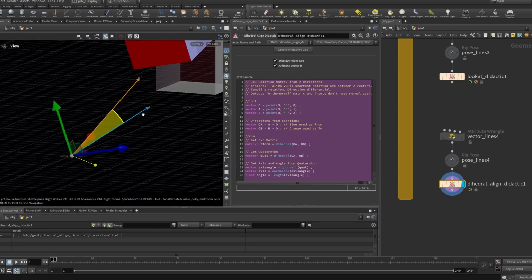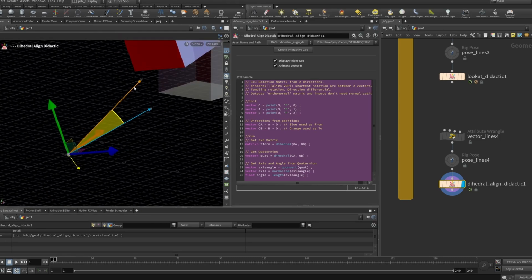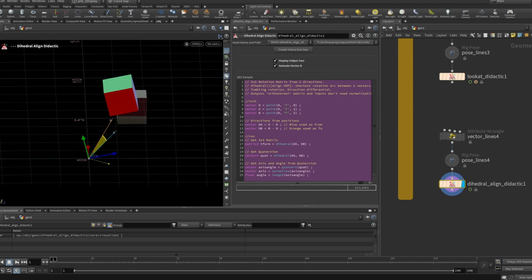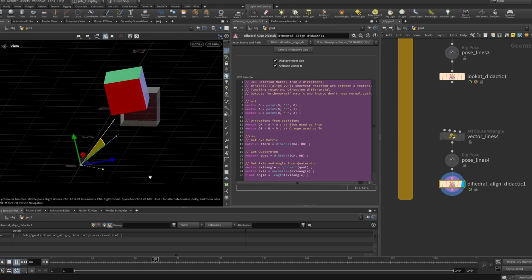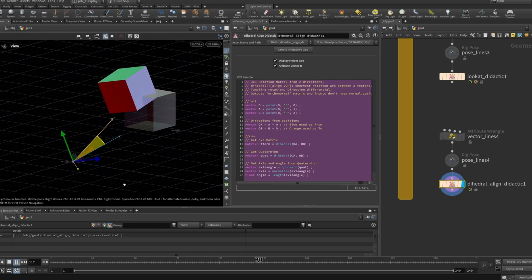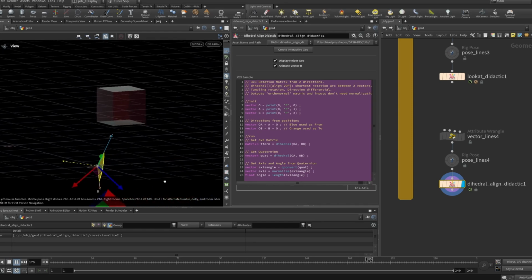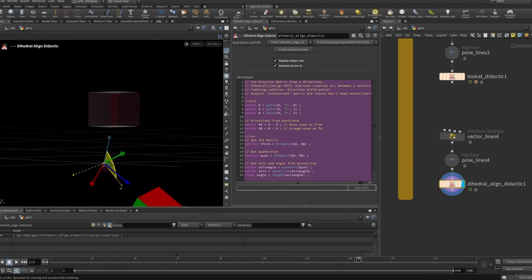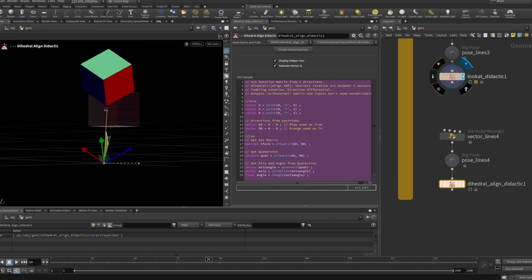So if I wanted to make A have the direction of B, I would have to rotate it about this axis and by this amount in angle. So if I play this back, they match, and then the cube goes around like that, and you have this sort of tumbling animation. There's no roll control, right, like you have in here.